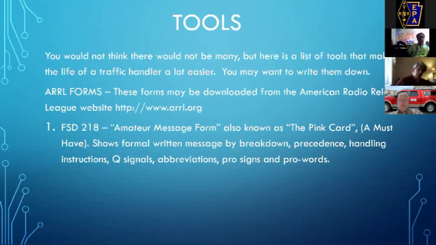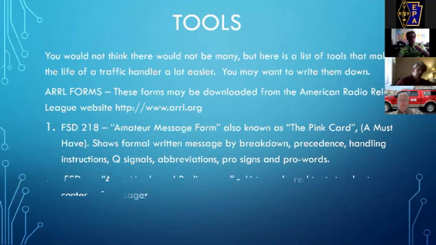And I recommend that if you're going to be working with traffic, you keep this FSD 218 form available, because it has a breakdown on the precedence of messages, handling instructions, Q signals, abbreviations, prosigns, and prowords, and things that you don't use every day, and when they come up, you need to be able to look them up quickly.